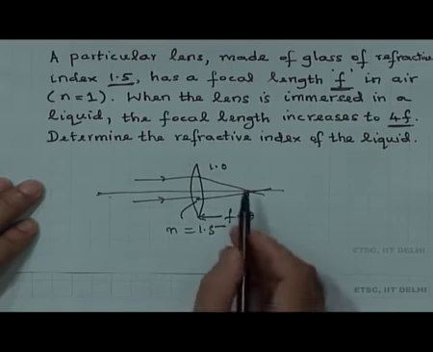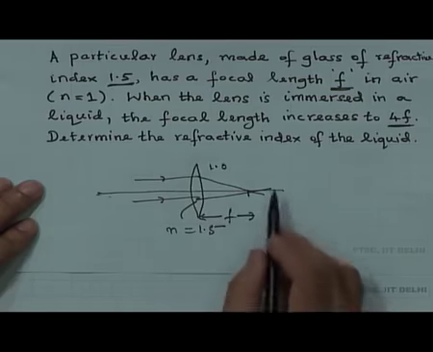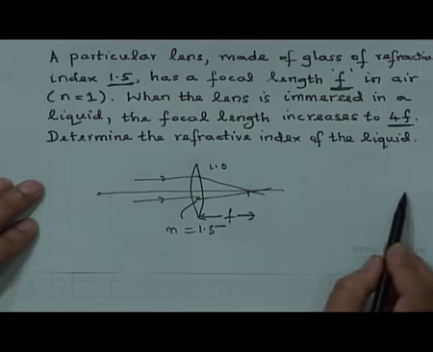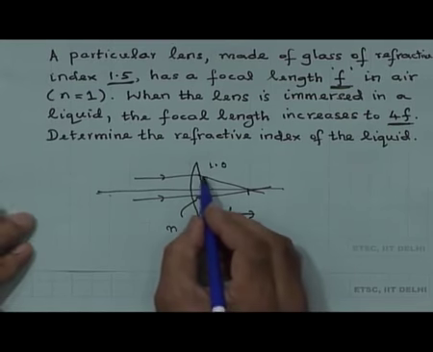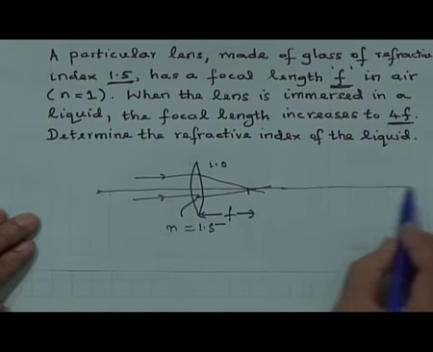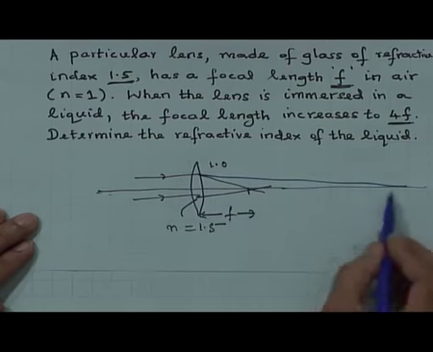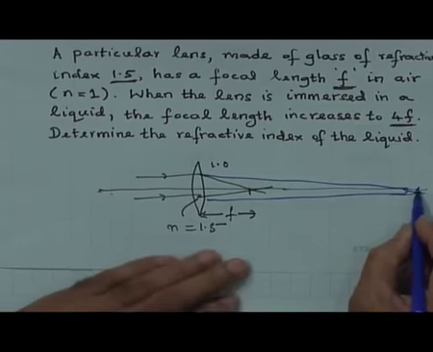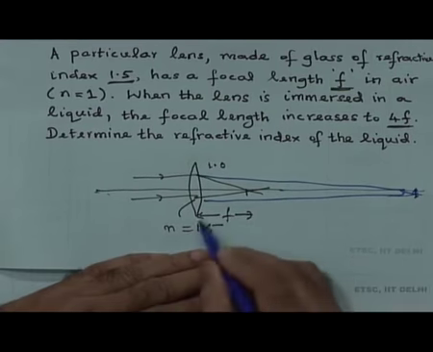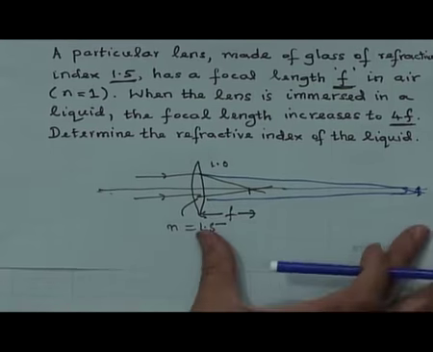What is given is, if this lens is immersed in a liquid, the focal length will increase to 4f. So, let me use a different color, the focal length increases to 4f. So, it is intersecting somewhere here, and this separation is 4 times the original separation. Determine the refractive index of the liquid.